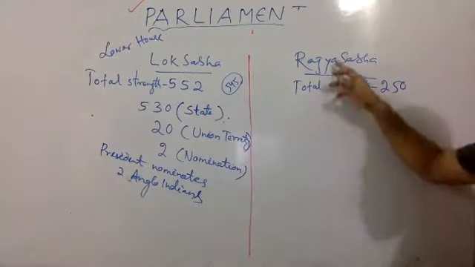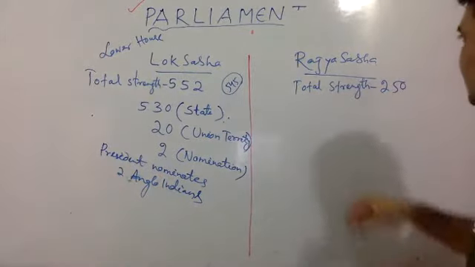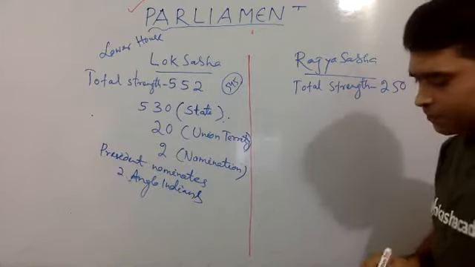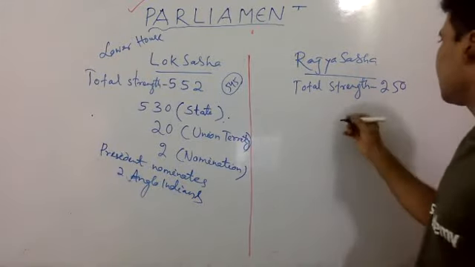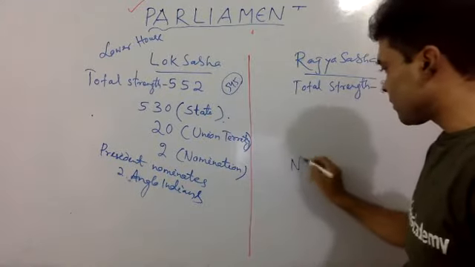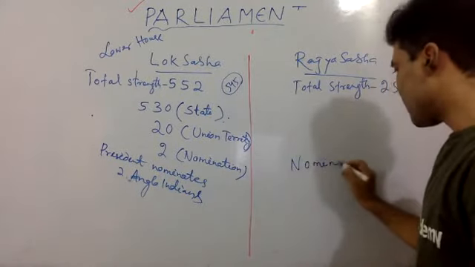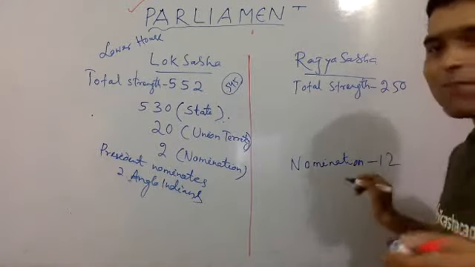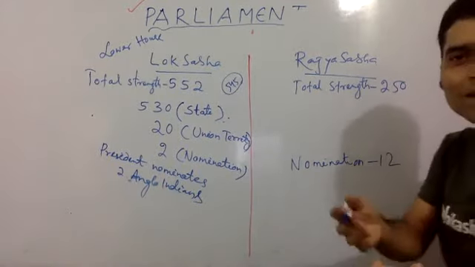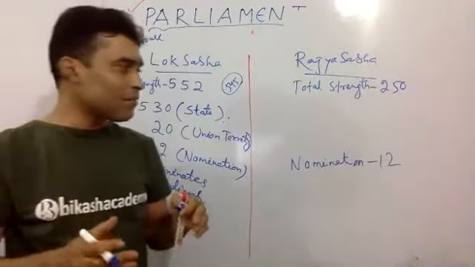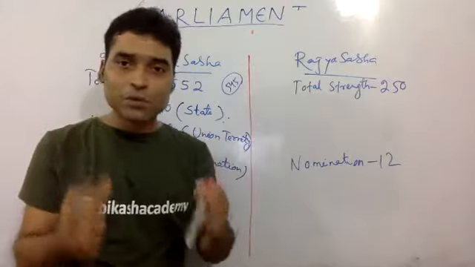Now we'll talk about Rajya Sabha. You see, in Rajya Sabha we have total strength 250, right? And here is also nomination. So I will write first nomination 12 members. 12 members in the field of art, science, you can say those who are experts and have dedicated their life in the field of social service.